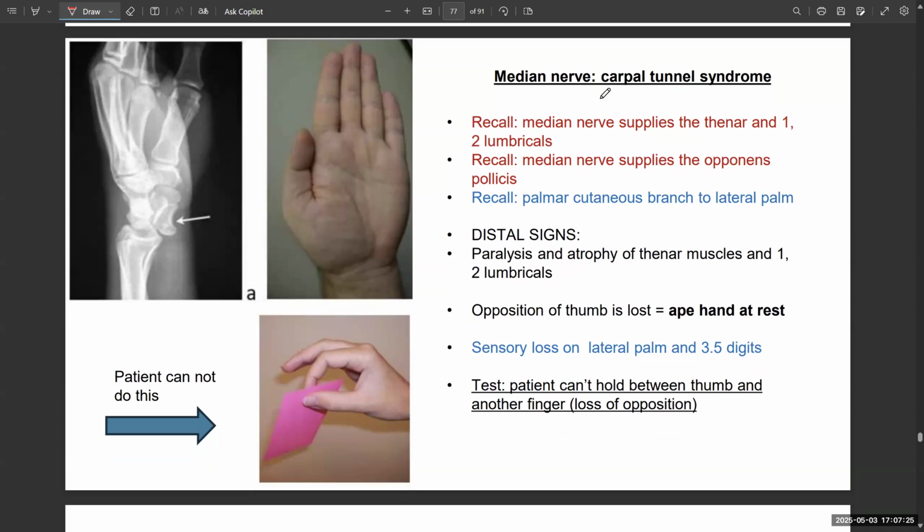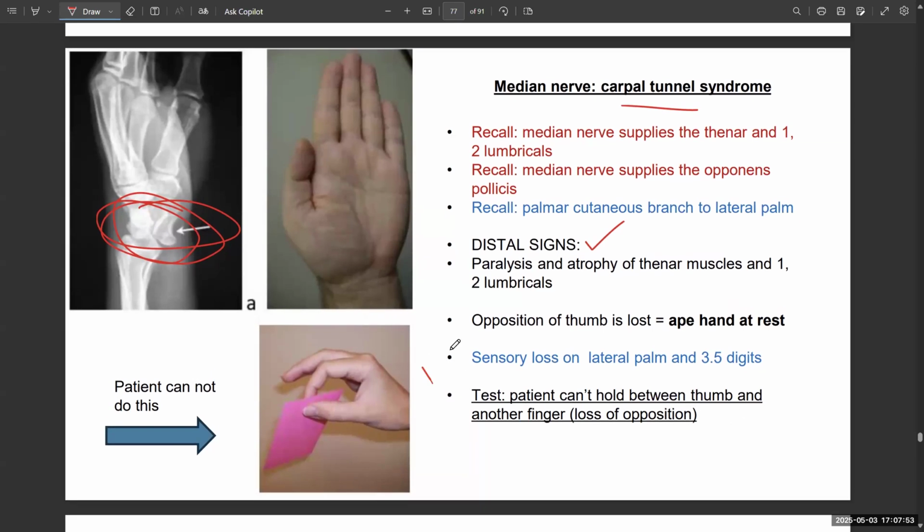And in this case, when you are only compressing the nerve distally, you're only going to have distal signs because the carpal tunnel is over here. So it's distal, it's towards the hand. So the opposition of the thumb is lost. So your opponens pollicis is not working. So you're going to have an ape hand at rest. And you're going to have sensory loss on lateral palm and 3.5 digits, just as mentioned before.